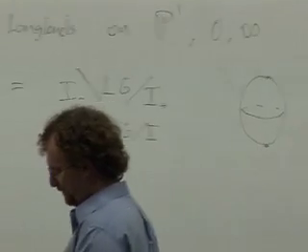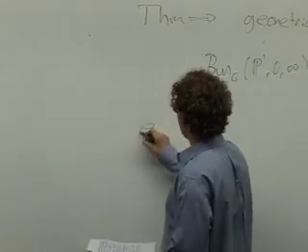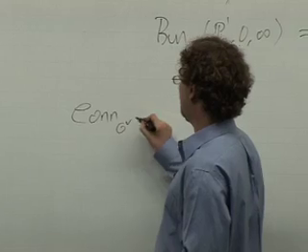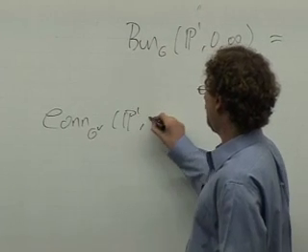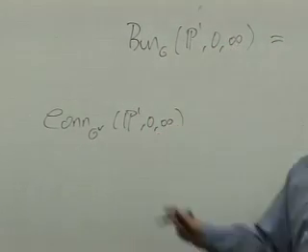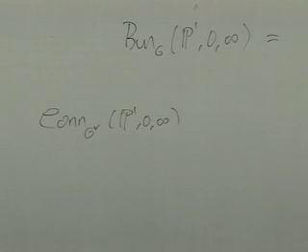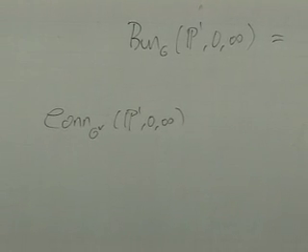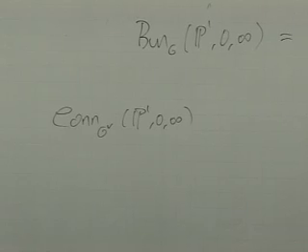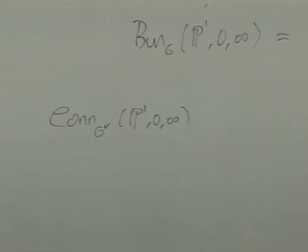So in fact, what is the space of connections? Just to be concrete, what is the space of parabolic bundles with connection here? It's something very simple. What is a connection on P1 with poles at 0 and infinity? Well, it's given by a monodromy. That's why it's good to have these poles, otherwise it wouldn't be so interesting.